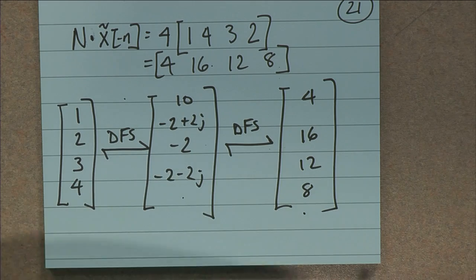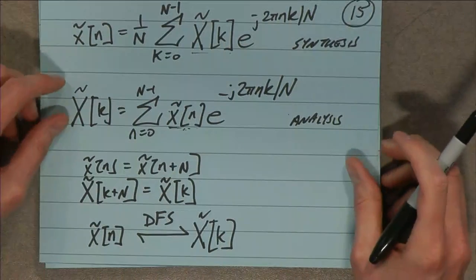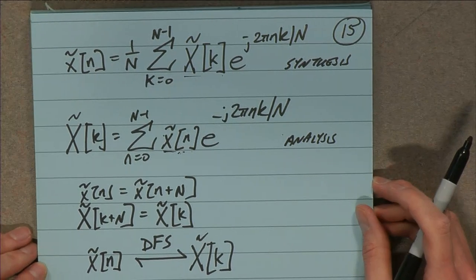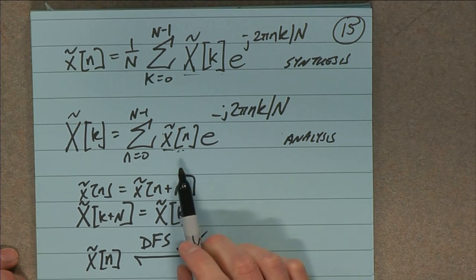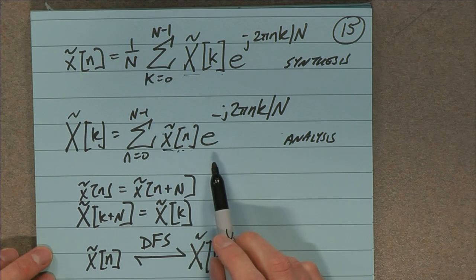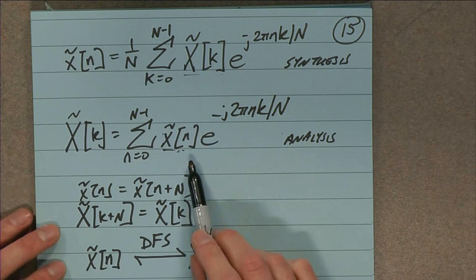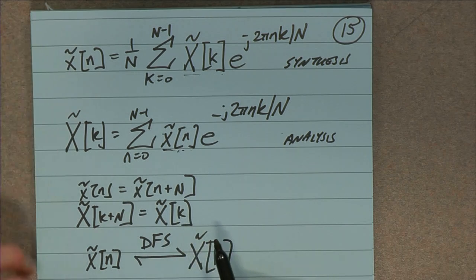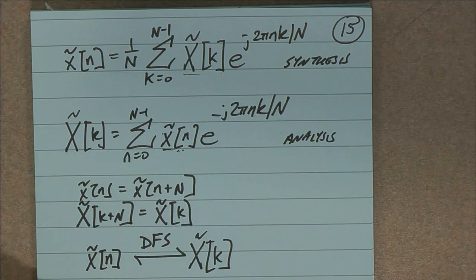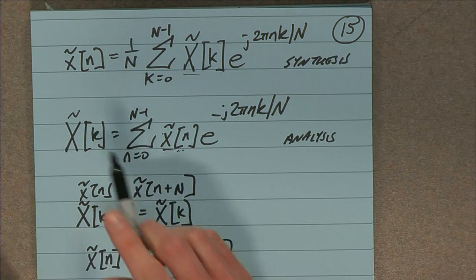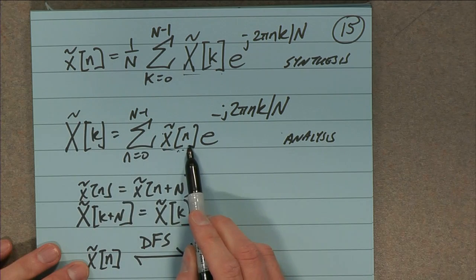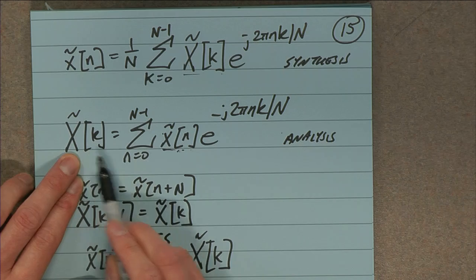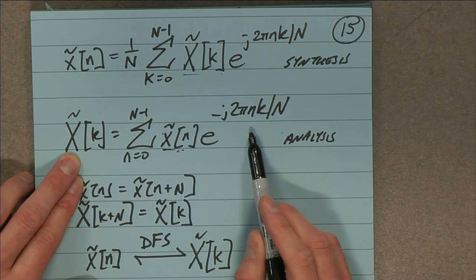And that might seem a little mysterious, but if we go back to slide 15 and look at these relationships, there's really a lot of similarity here, right? I mean, there's a negative sign in the kernel, but these two equations are very similar. And so it might not seem totally crazy that we're doing a very similar operation over and over again, right? We start with x of n, let's say, get the Fourier series by this summation times a complex kernel.